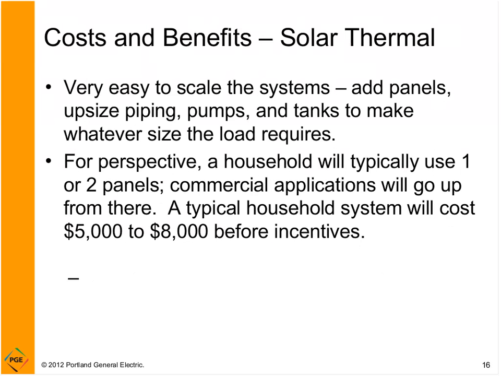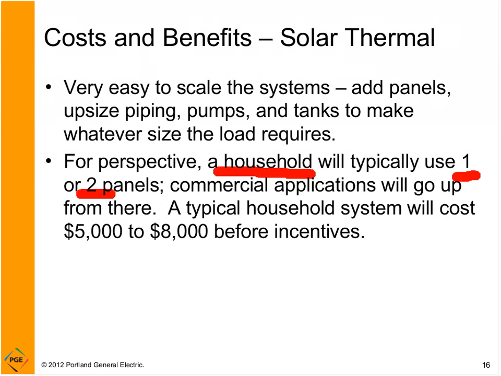Okay, let's talk about costs. Again, for perspective, let me talk about residential size. So here in Oregon, a household residential unit typically has 1 or 2 panels on the roof.